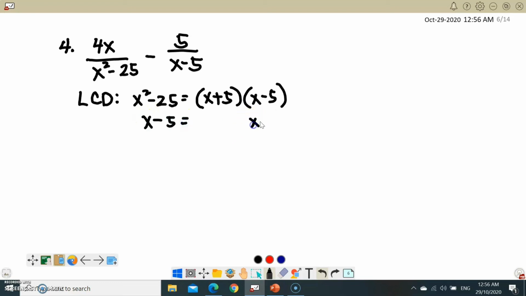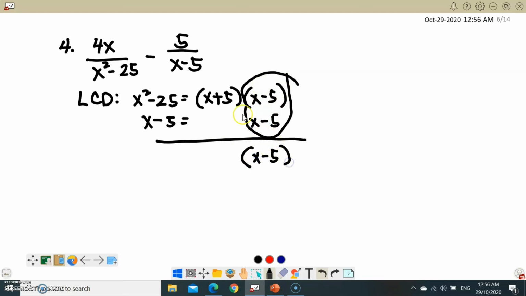So we have x minus 5. If you notice, there is a common factor between the denominators, and that is x minus 5. So we are going to bring this down as 1. So we have here x minus 5. For x plus 5, since there is no partner for it, we bring down x plus 5. And we now have our LCD as x plus 5 multiplied by x minus 5.